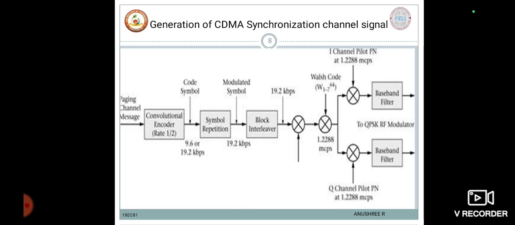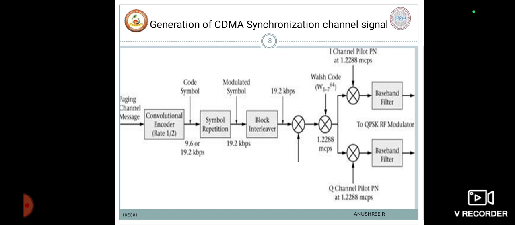Moving on, we have the synchronization channel. The CDMA synchronization channel is used by the system to provide initial synchronization. This slide shows the CDMA synchronization channel signal. In the generation of the synchronization channel, the Walsh code is used to spread the synchronization channel message.